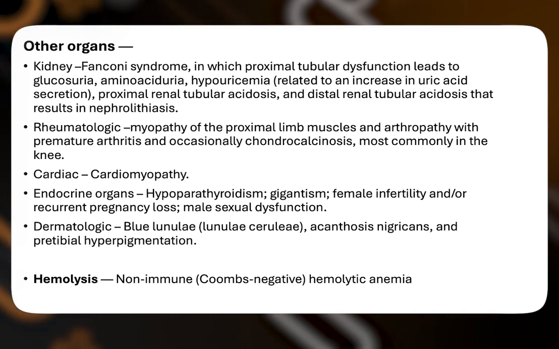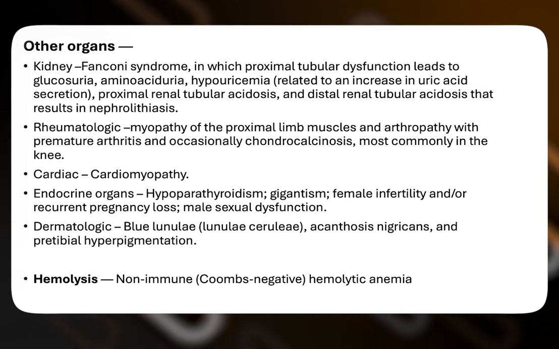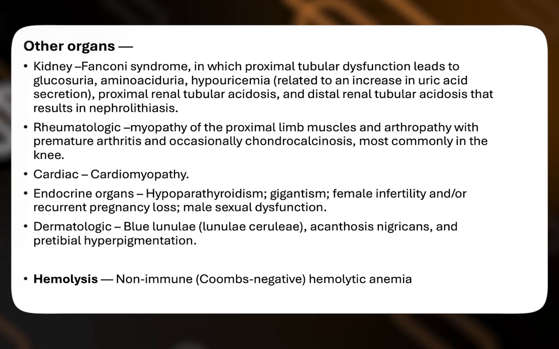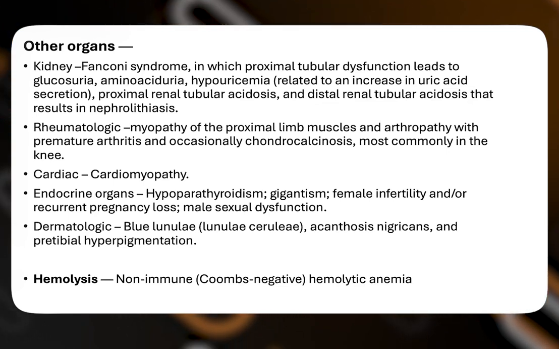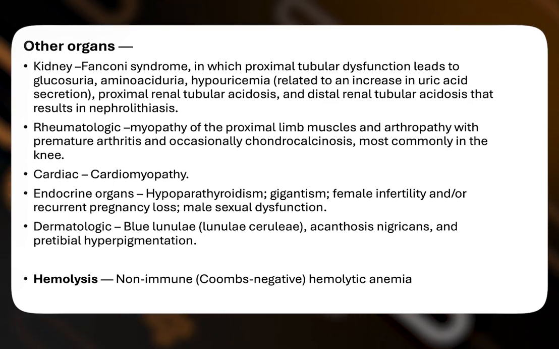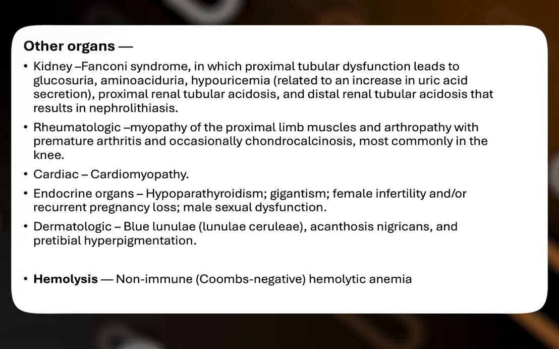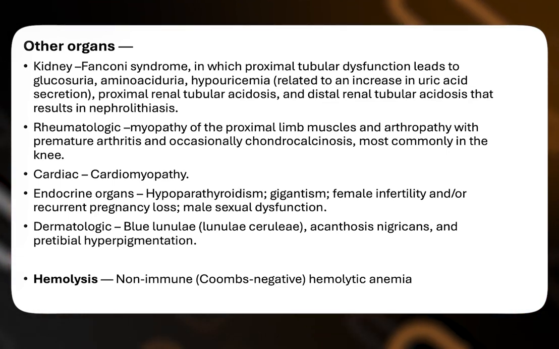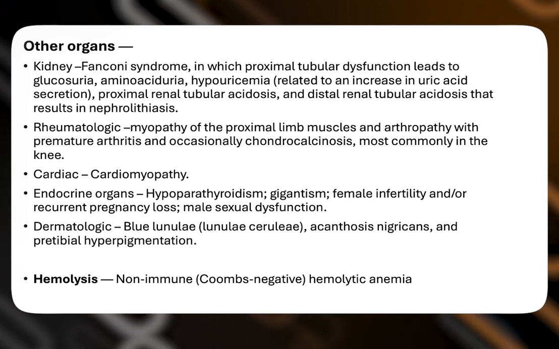There was one MCQ also; we'll go back to all the questions again. Endocrine organs: hypoparathyroidism, gigantism, female infertility, recurrent pregnancy loss, and male sexual dysfunction. Dermatological: blue lunulae, then acanthosis nigricans, which you must have seen in different patients, and pretibial hyperpigmentation, which is also seen in hyperthyroidism or toxic nodular goiter, or Graves' disease rather.